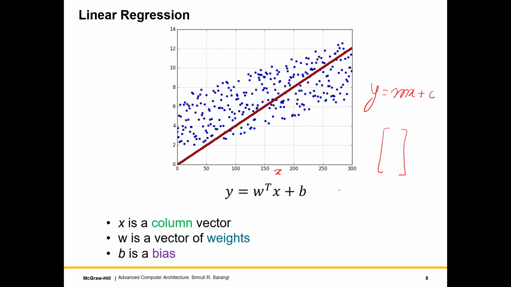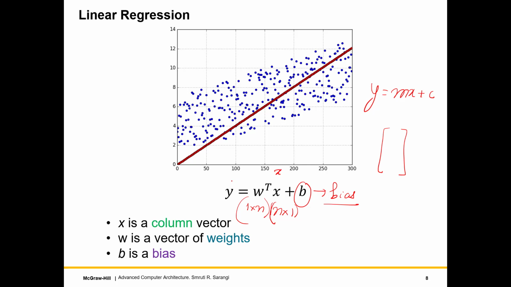What I do is I take the transpose of the column vector over here, so this is a 1 cross n matrix, and x itself is a column vector, so it's an n cross 1 matrix. When I multiply both, the result that I get is actually a scalar, which is a non-vector value. It's a single value. I add that with b, which is known as the bias, and then that is my predicted value of y.